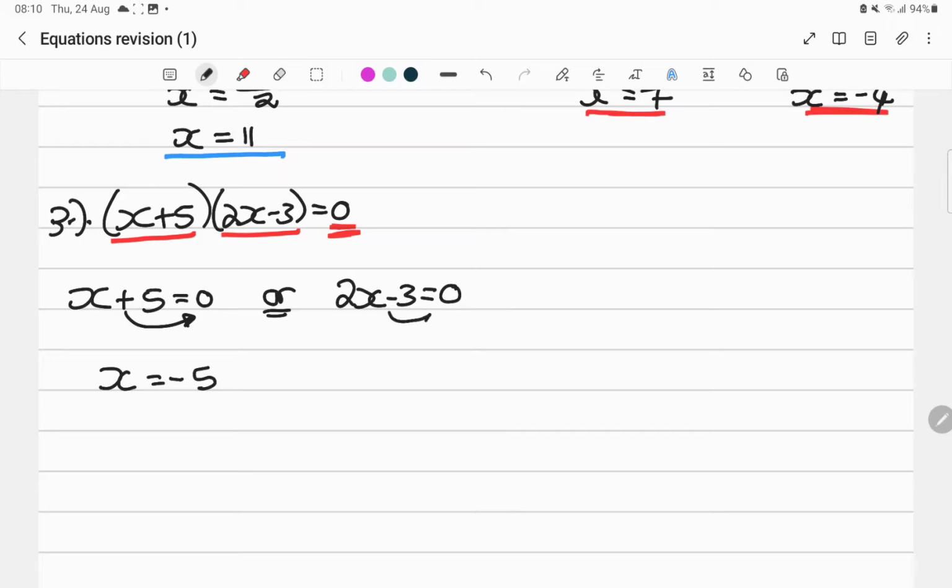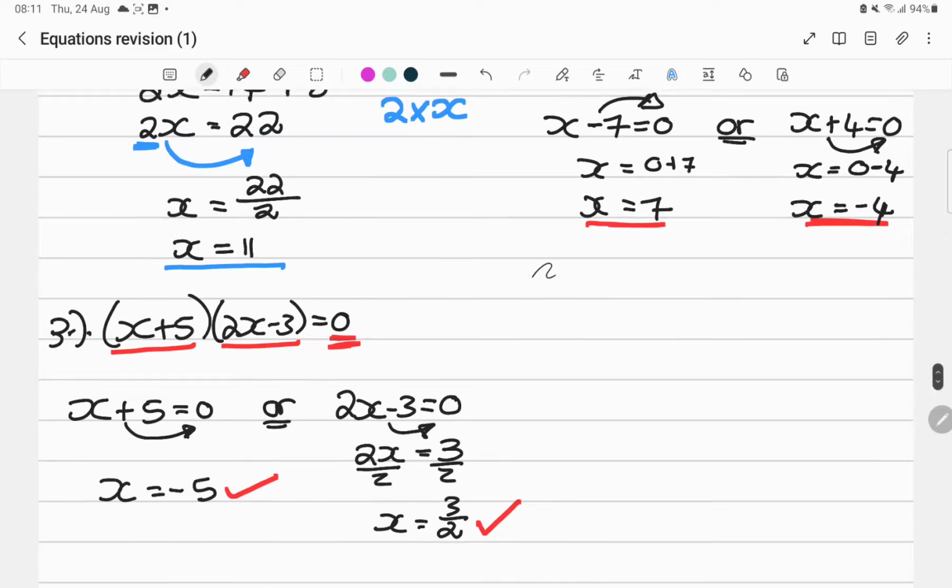This side I'm going to take over my minus 3 first, so it becomes 2x equals positive 3. And then to get rid of my 2, I'm going to have to divide, so I have x is equal to 3 over 2. There's your one answer, and there's your second answer. Now let's have a look at number 4.